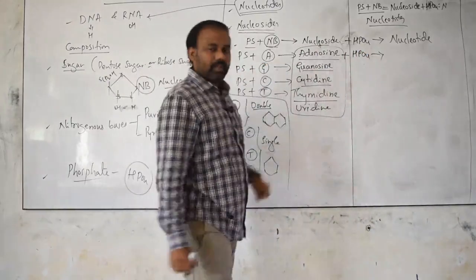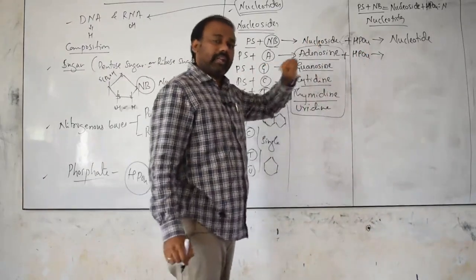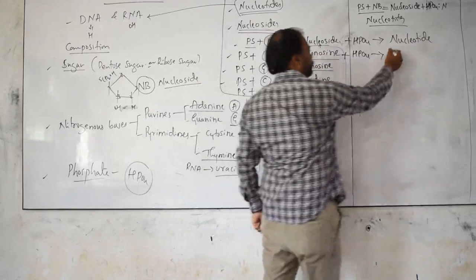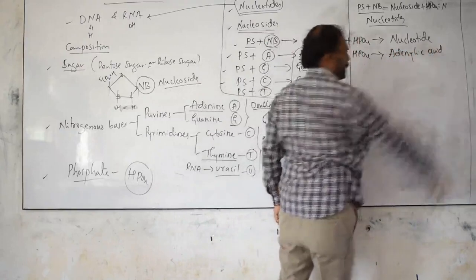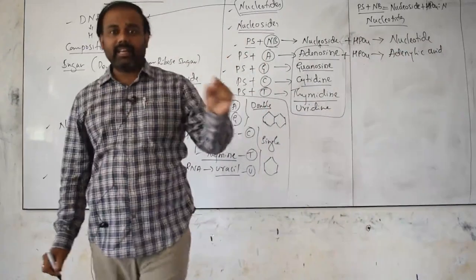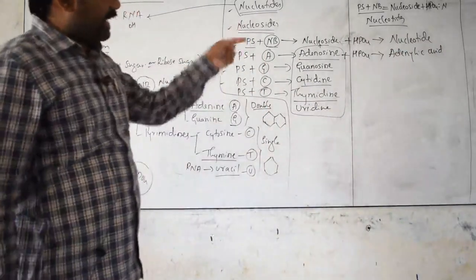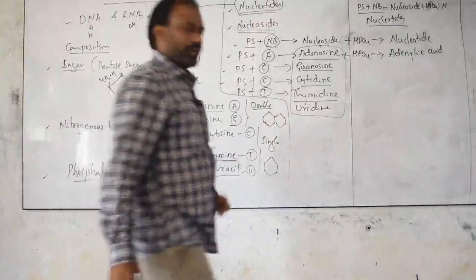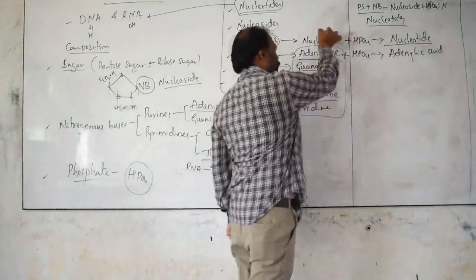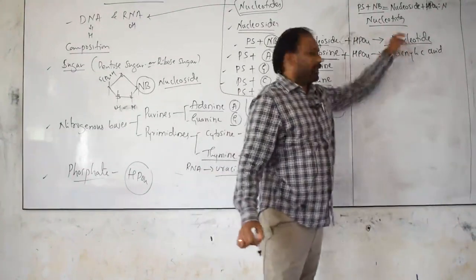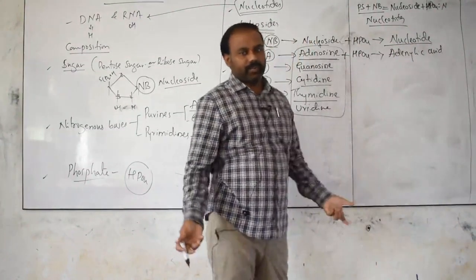Now it will become nucleotide. That nucleotide is adenylic acid. Clear? So that adenylic acid is nothing but nucleotide. Adenosine is the nucleoside, adenylic acid is a nucleotide. Very simple.